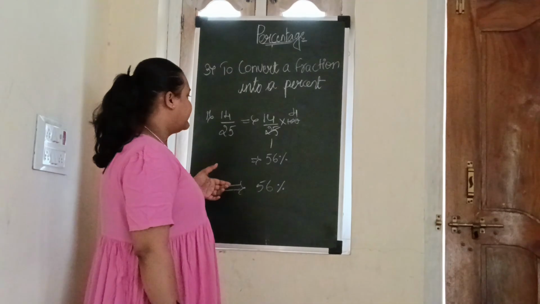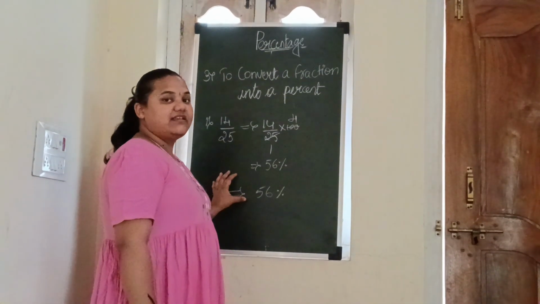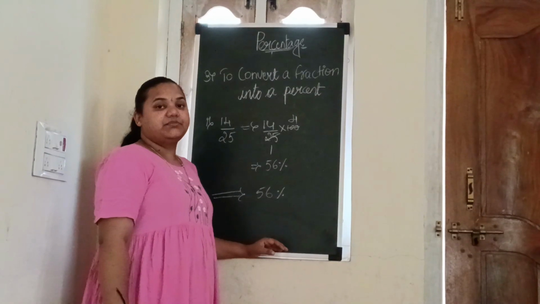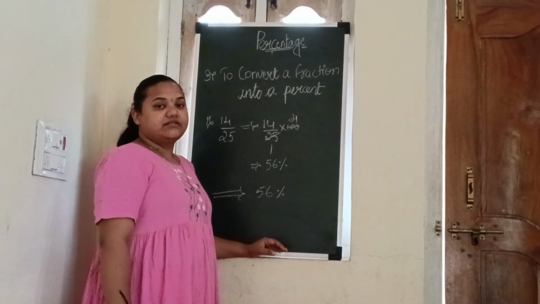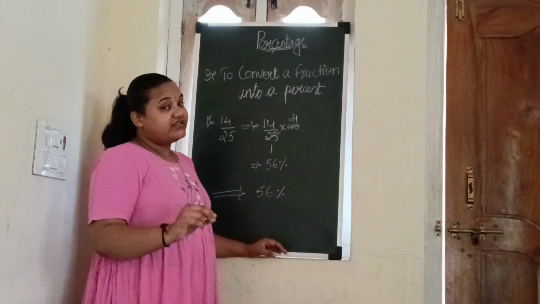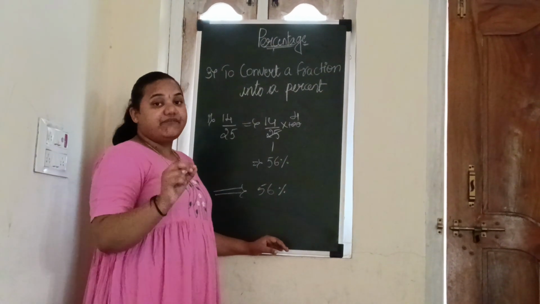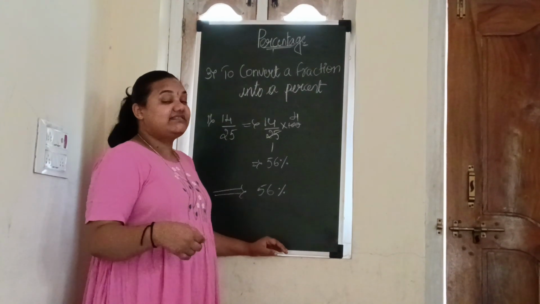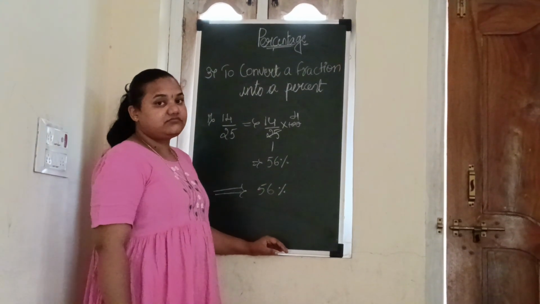It's very easy and simple, but we have to know how to do the calculation. We also have to know the multiplication and division methods, and the main thing is tables. I told you in the last class also, you have to write the tables so that the problems get easier and easier for you.